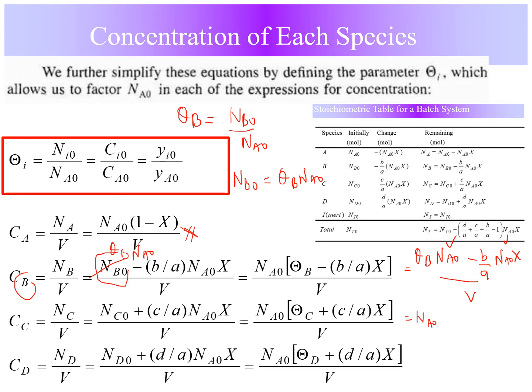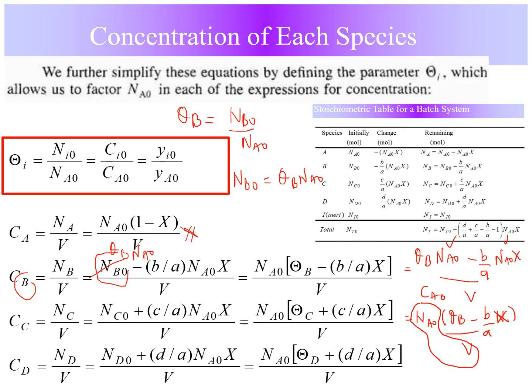Then this times theta B minus B over A times X over V. Automatically this one you can change into CA node.